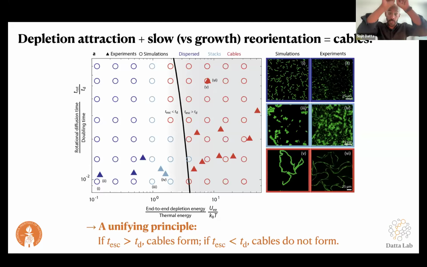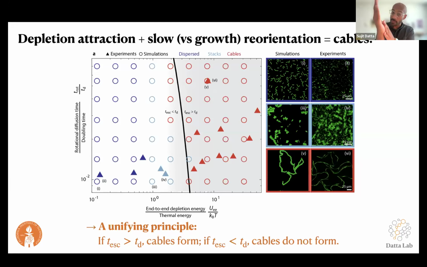Going from bottom to top describes the competition of timescales. So as the cells grow slower and slower, right, as the doubling time gets longer and longer, that's going down on this phase diagram. And this black line that you see here is that biophysical prediction for when that escape time equals the doubling time.